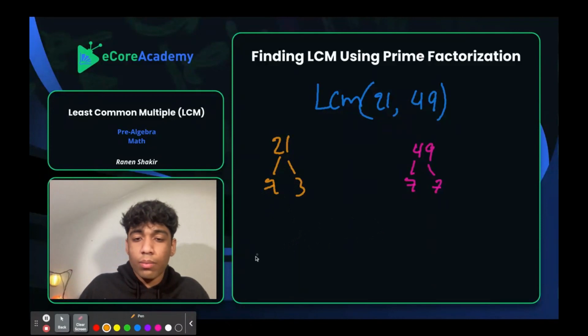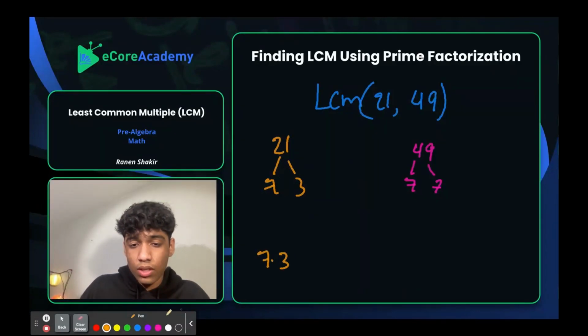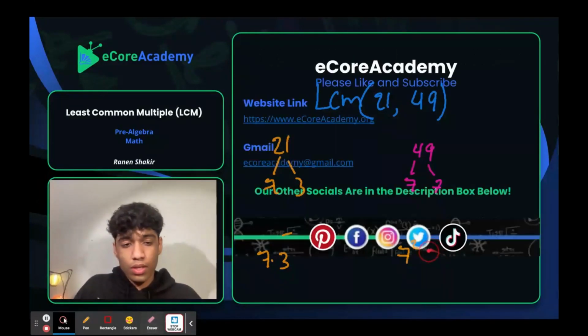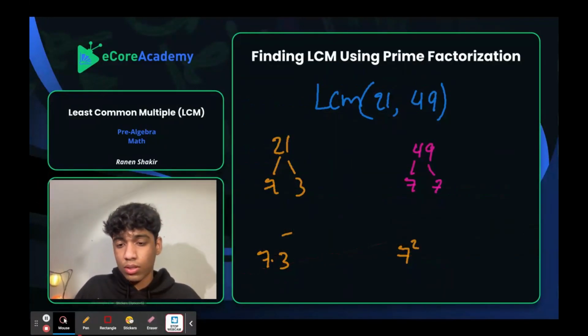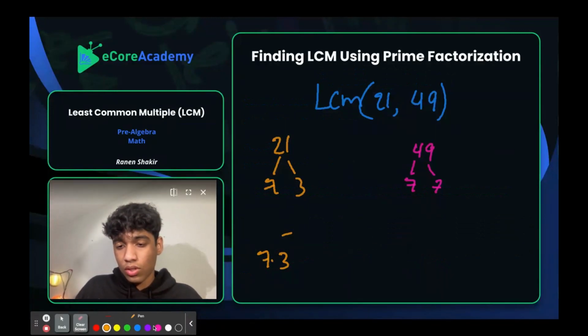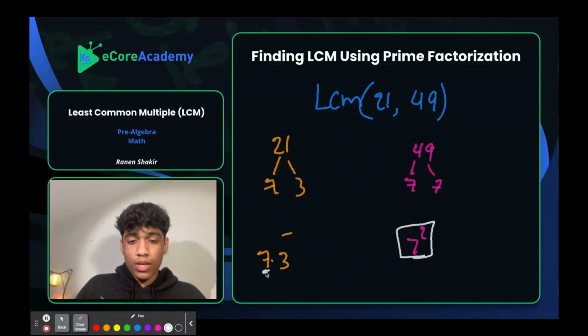So now our prime factorization for this is going to be 7 times 3, and for this one it is going to be 7 squared. Let me write that in the right color. Okay. So now, again, we take the highest power. In this case, it is 7 squared. They both have the same base, but this one only has a power of 1, so that doesn't count.